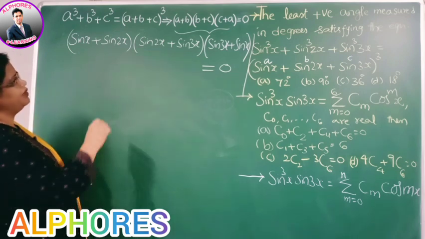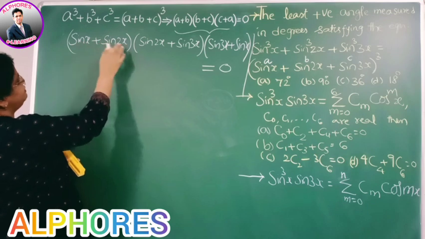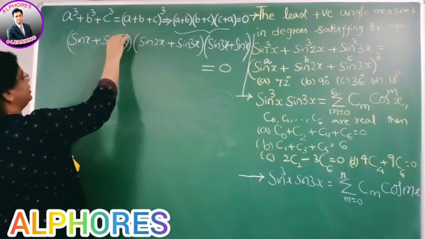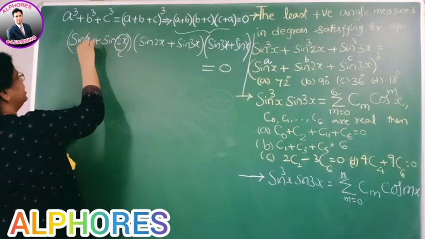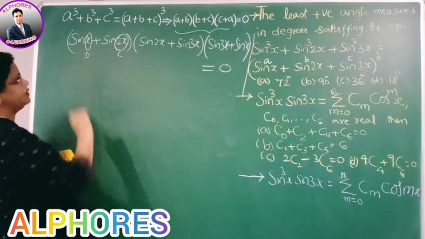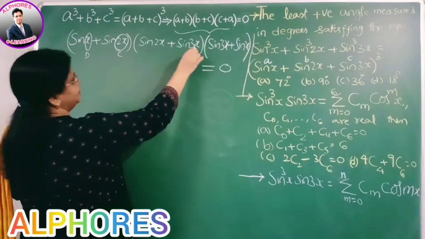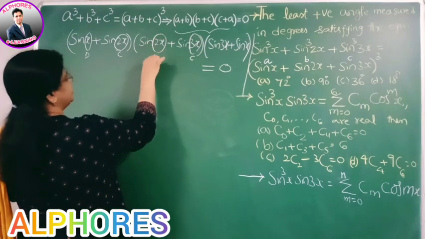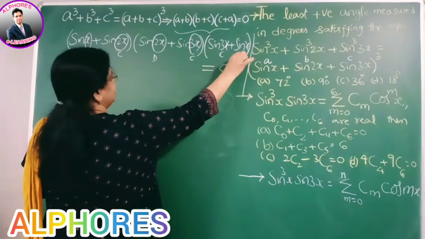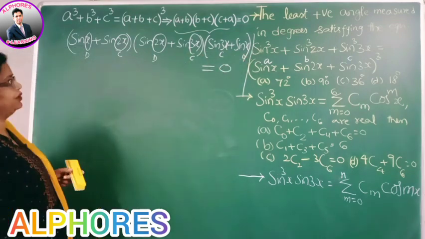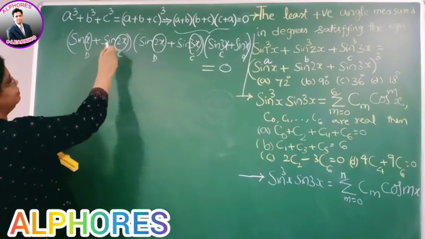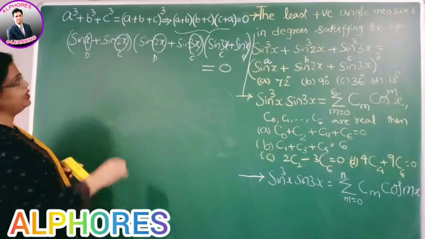Whenever you get this kind of one larger value and one smaller value, as we already said, preferably the larger one we take as C and the smaller one as D. Here also let's consider this value as C and this value as D. The same way here C and this one is D. Okay, now let us make use of the formulae one by one. So what is the first one? Sin C plus sin D.